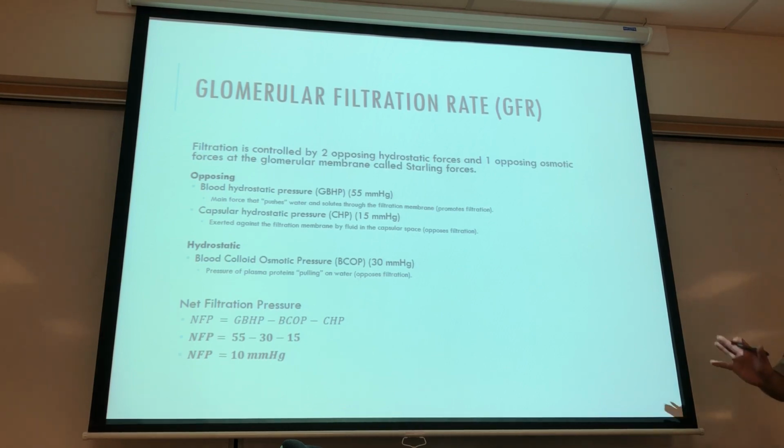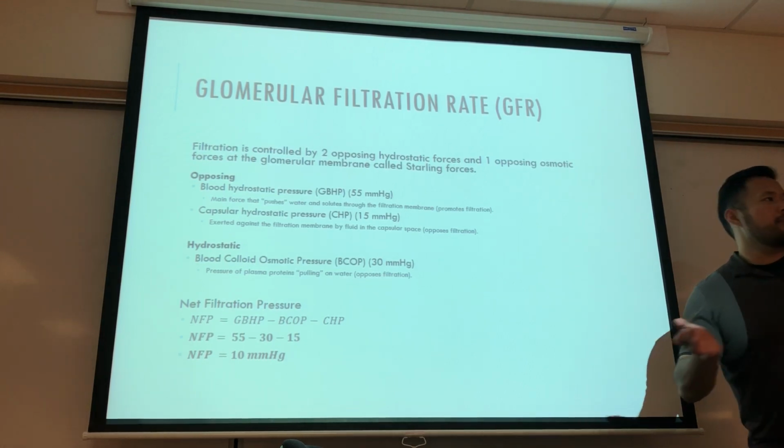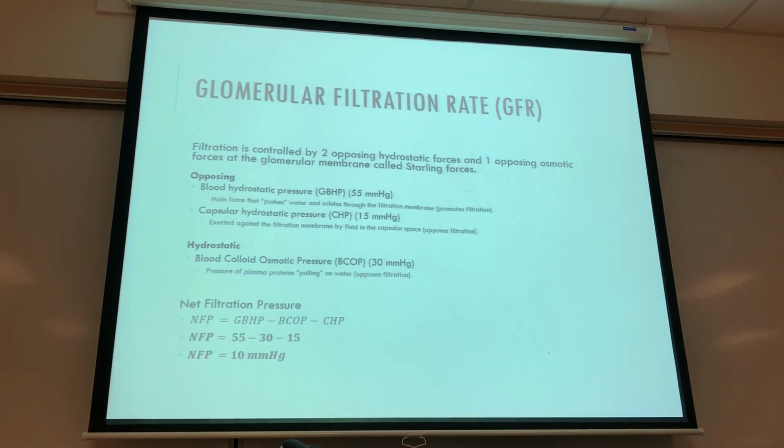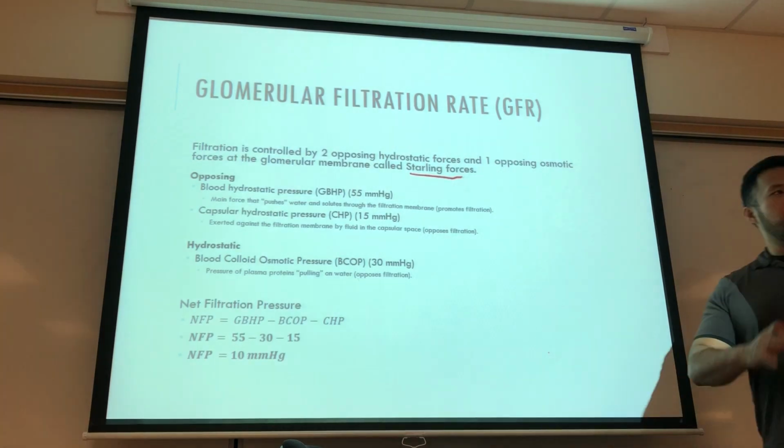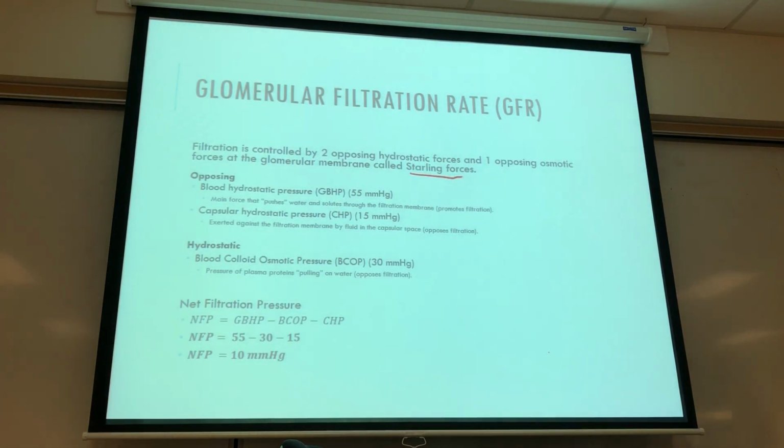The balance of all these forces are Starling's forces. The same forces that you learned in the heart, same things about preload, and the filling of the heart due to preload is going to cause a bigger contraction. Same thing with these forces. These are all the forces that are involved in the process of filtration.